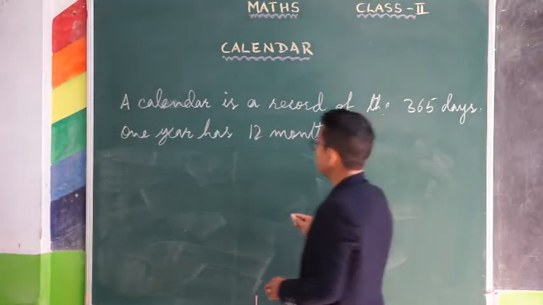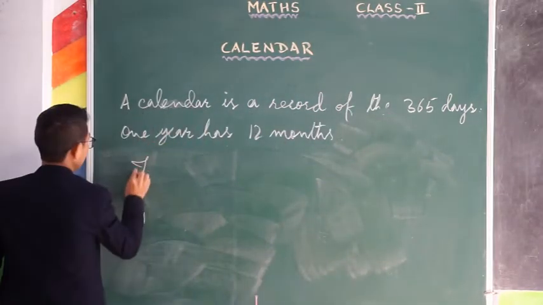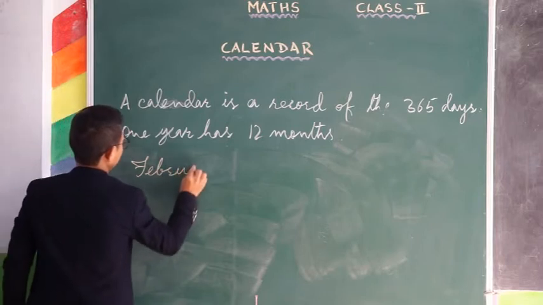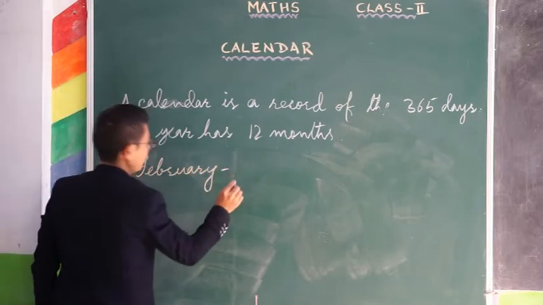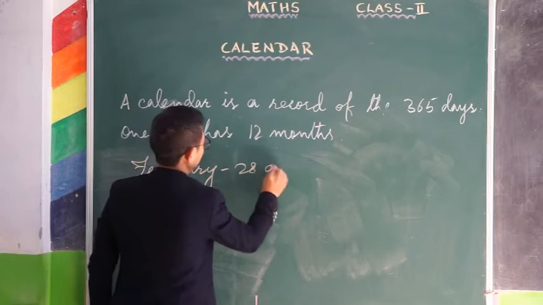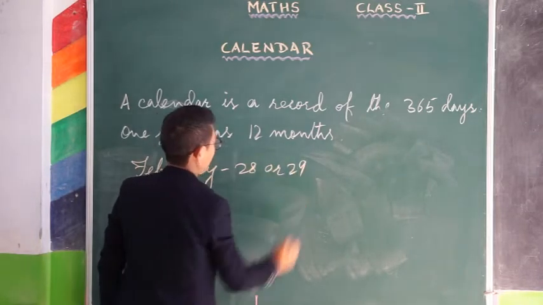Now, as I told you, February sometimes has 28, sometimes 29.